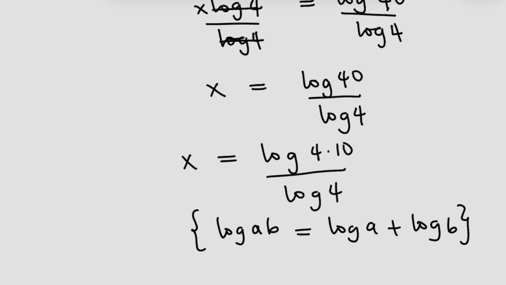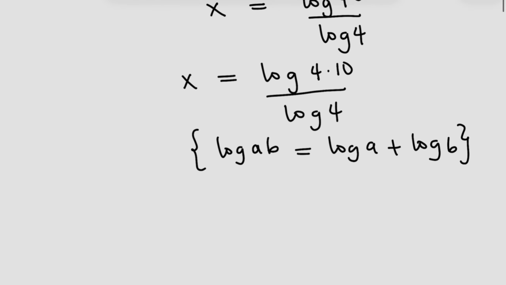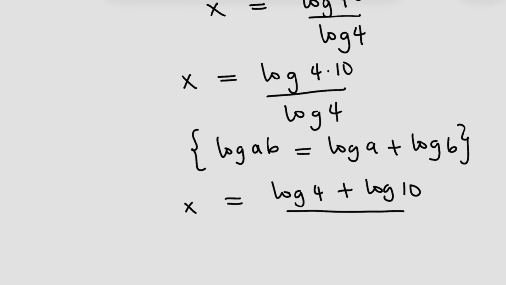If you have more numbers being multiplied together, you keep with the addition. So x is equal to log 4 plus log 10 divided by log 4.